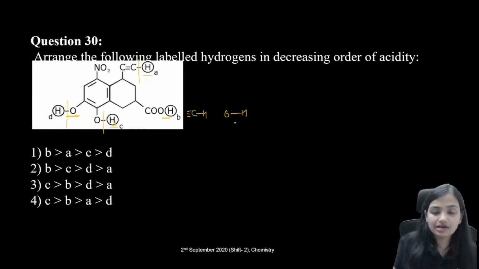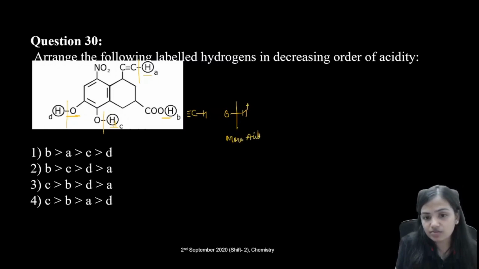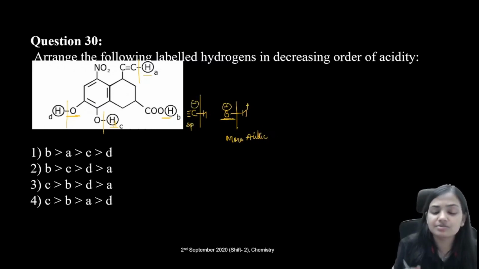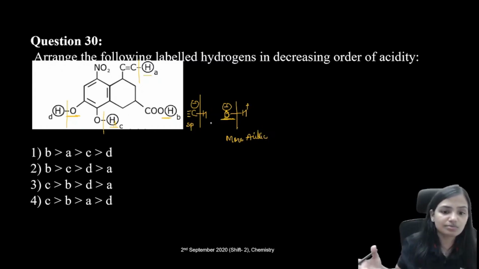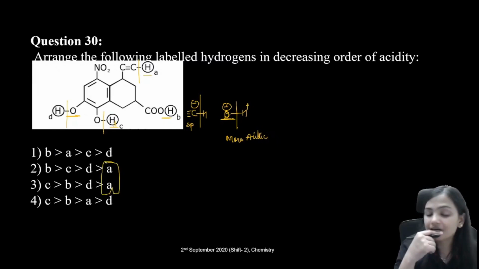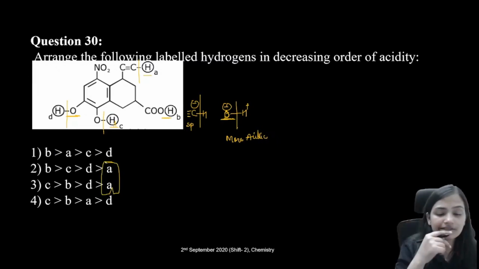Here the OH is more acidic, because the negative charge will get more stabilized over the oxygen. This carbon is also sp hybridized, and because of the sp hybridization it is becoming electronegative, but relative to oxygen it is less stable. So considering that, the OH groups are going to be more acidic. I can say that A has to be least acidic. Now, out of these two options, 2 and 3, figure it out. What will be the right answer?